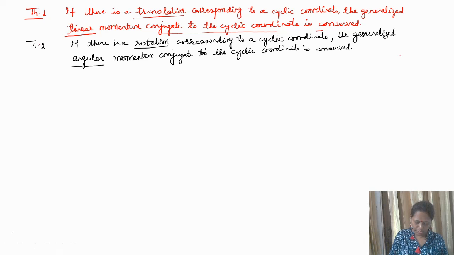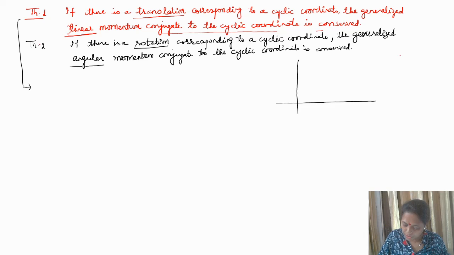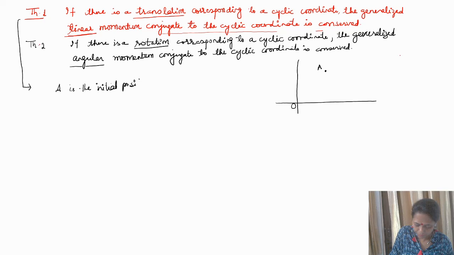First of all, take theorem 1. For theorem 1, we take the position of a particle in the configuration space. Suppose your particle is somewhere at A. So A is the initial position, and this is specified by Qj.